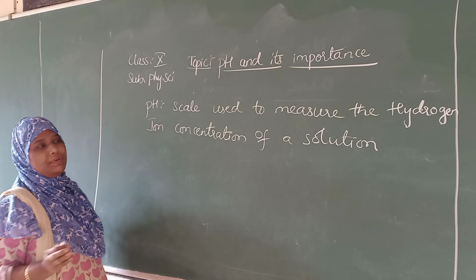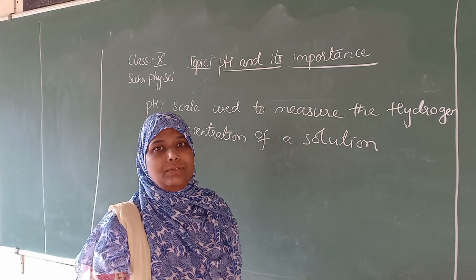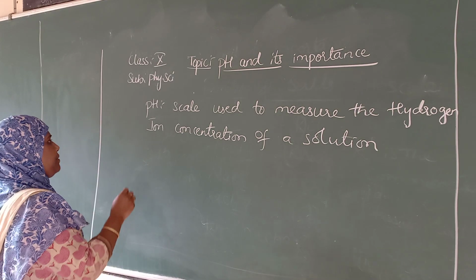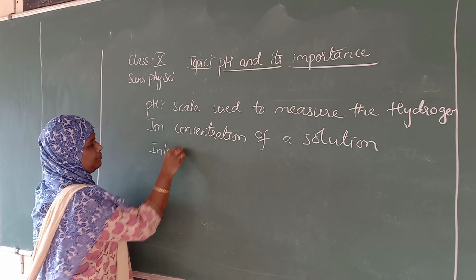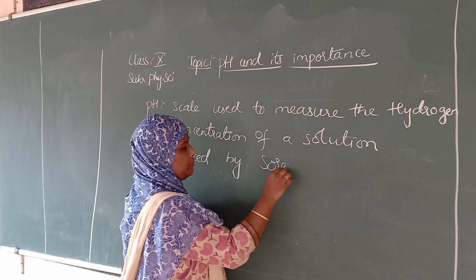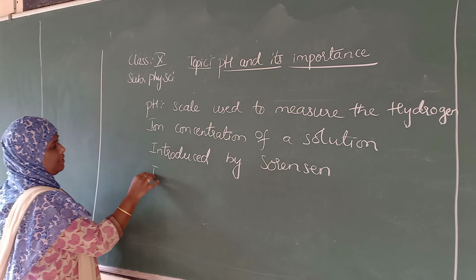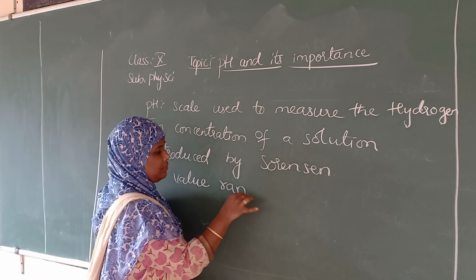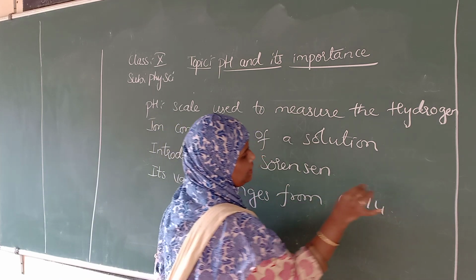pH is actually a number which indicates whether a solution is an acid, a base, or a neutral substance. It was introduced by the scientist Sorensen, and its value ranges from 0 to 14.